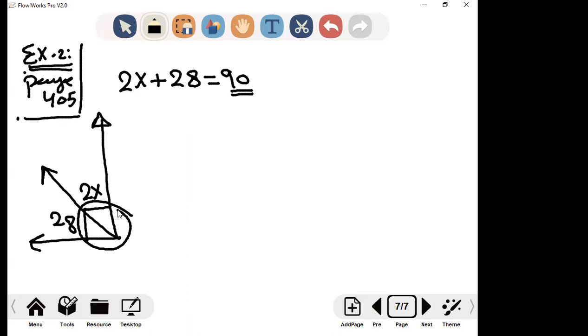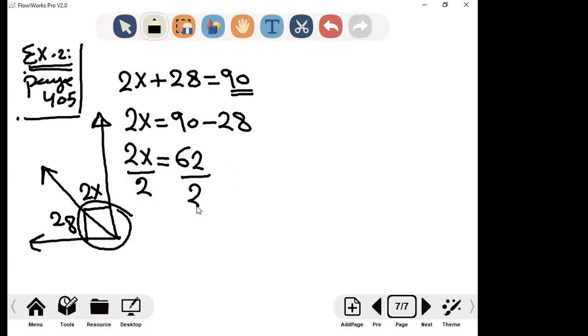Solve your equation. 2x equals 90 minus 28. 2x equals 62, right? Divide by 2 on both sides. x will be 31. Done? This is example 2.